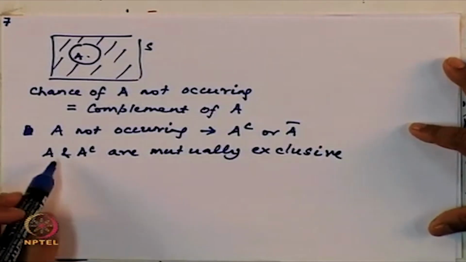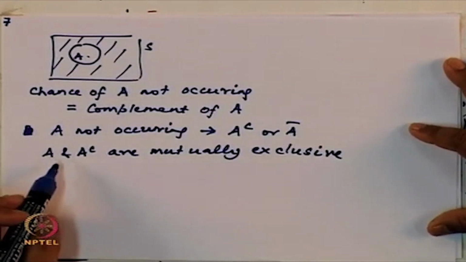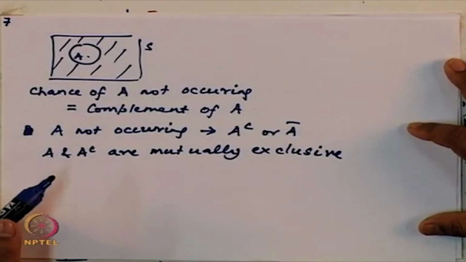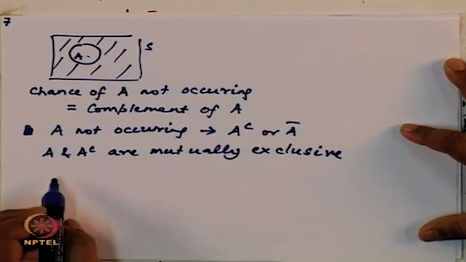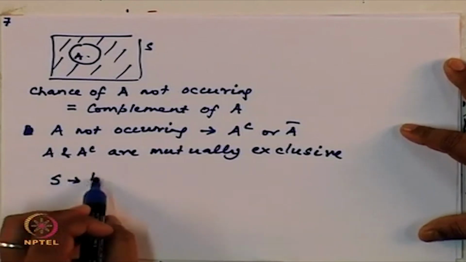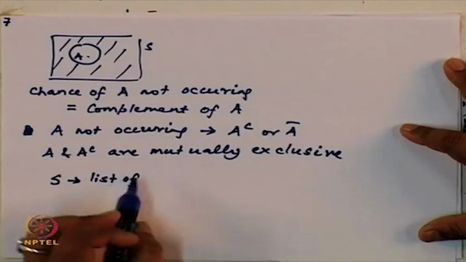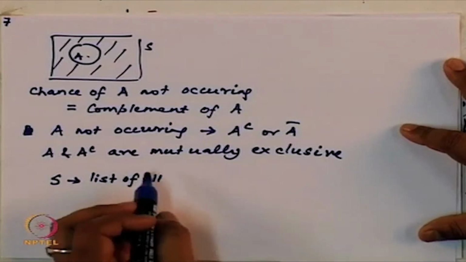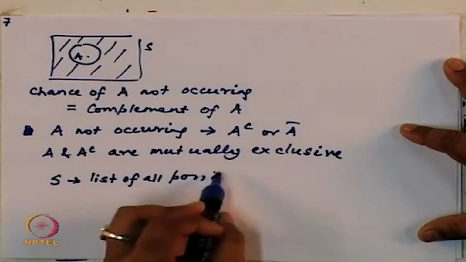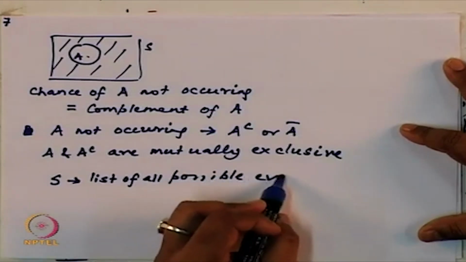A and A complement are mutually exclusive. So, logically speaking, what is the probability of a sample occurring? The sample is the list of all possible events.